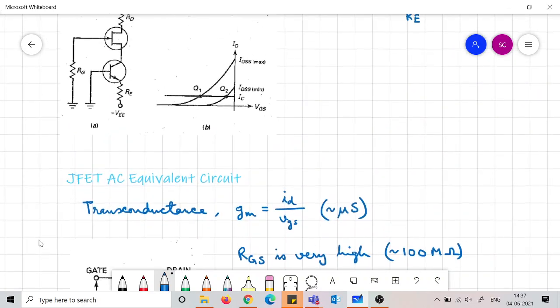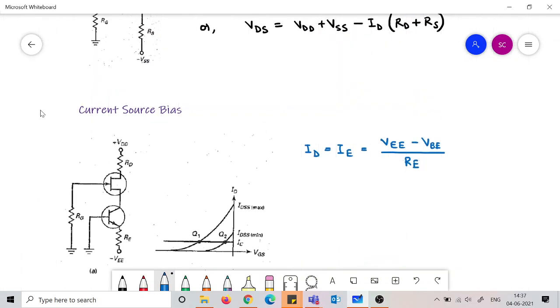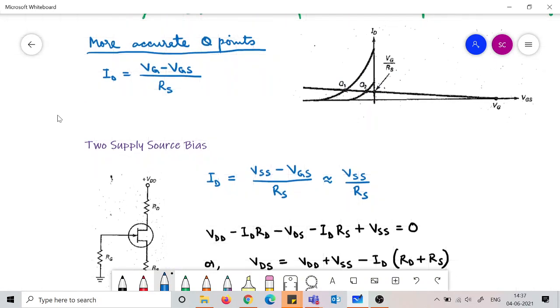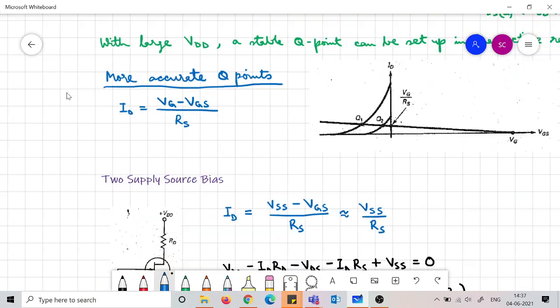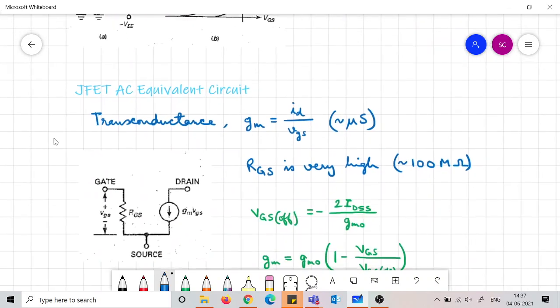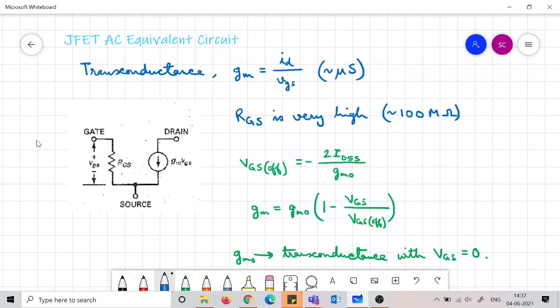So there were a few things that we discussed, some of the DC biasing configurations, and we discussed the AC equivalent circuit of the JFET.